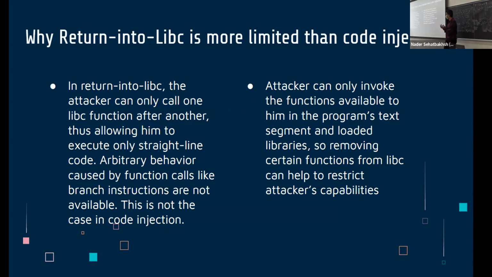That capability you don't have in return to libc. And the attacker can only invoke functions available in the text segment and loaded libraries. So if you remove those functions in order to prevent these attacks, then you can probably restrict some of the attacker's capabilities.